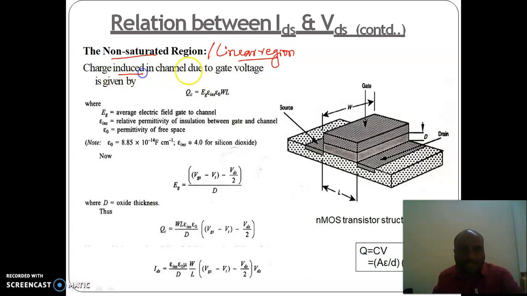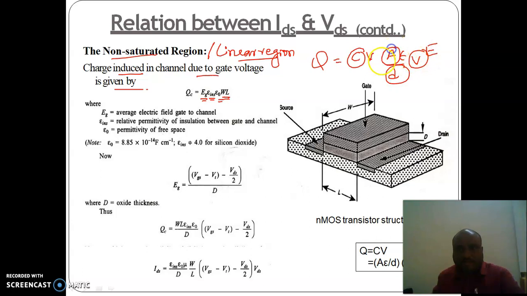Here the charge induced in the channel due to gate voltage is given by Eg into epsilon minus epsilon naught into WL. This comes from Q equals CV, where C is represented as A epsilon by D, and V by D is represented as the electric field intensity.